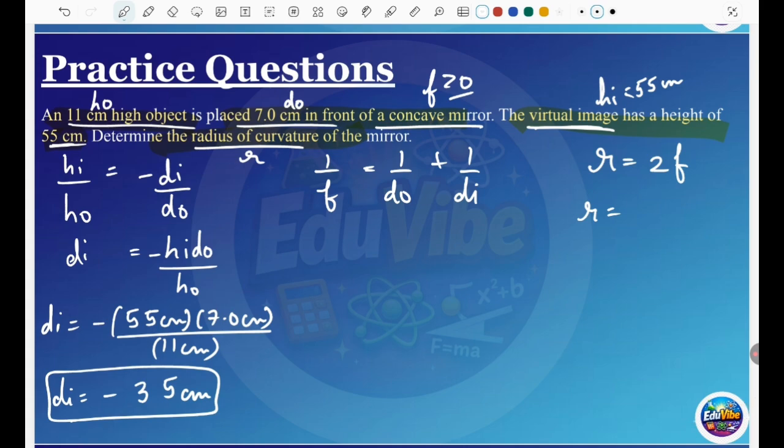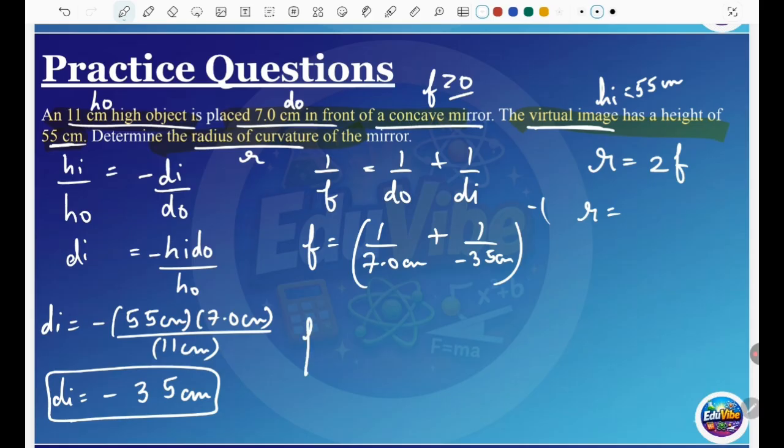Now you have to find the focal length. For the focal length, you will get F like this, 1 over F equals 1 over DO plus 1 over DI, and this whole thing goes to the power of -1. DO is 7.0 plus DI is negative 35 centimeters, and this whole goes to -1. When you solve this and raise to the power -1, you will get 8.75 centimeters.